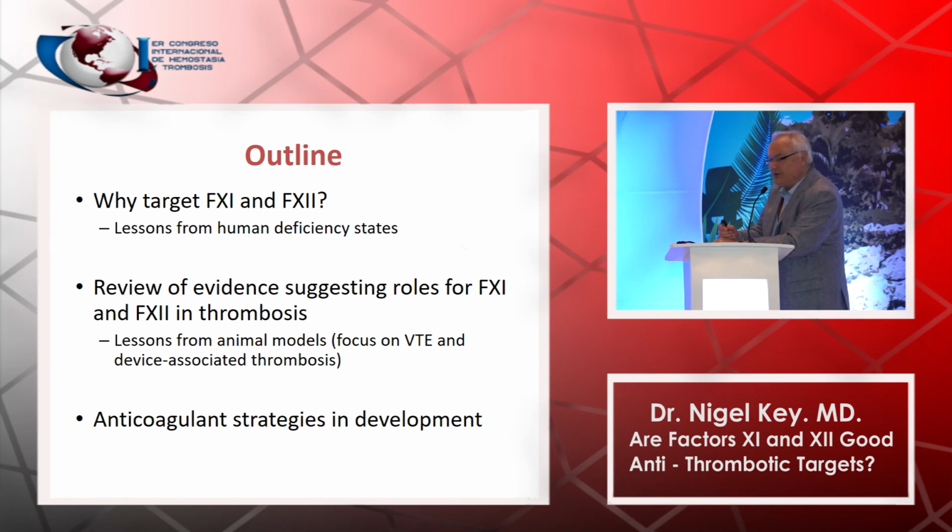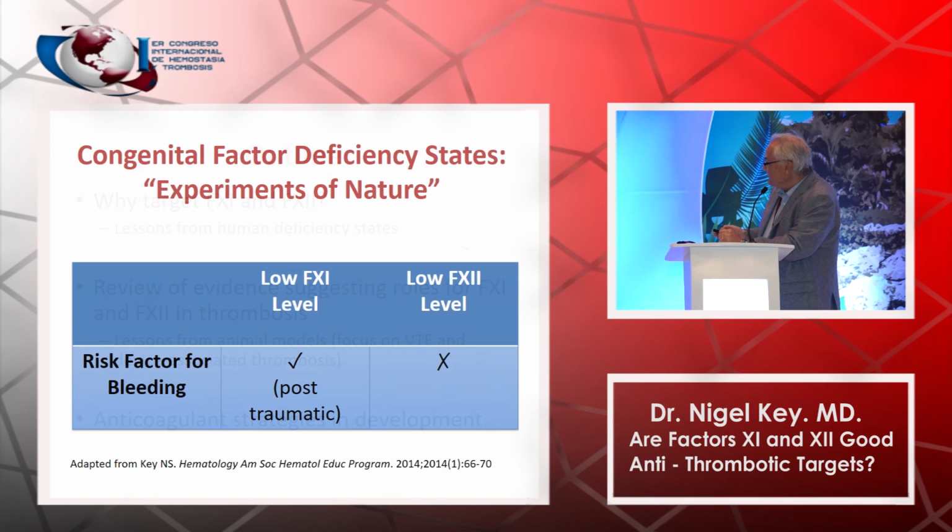I'll show you some of those data that have really promoted the field of exploring factor 11 and factor 12. And then we'll finish with a listing of what is going on in this area right now. I'm not going to go into the details of the preclinical data so far.